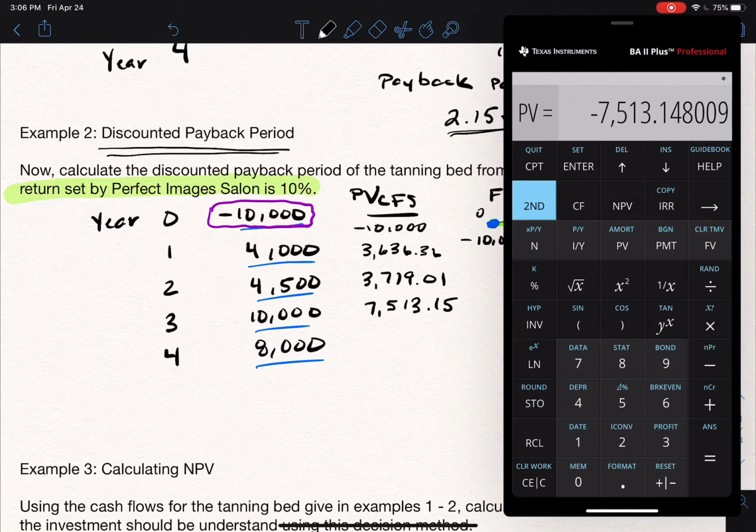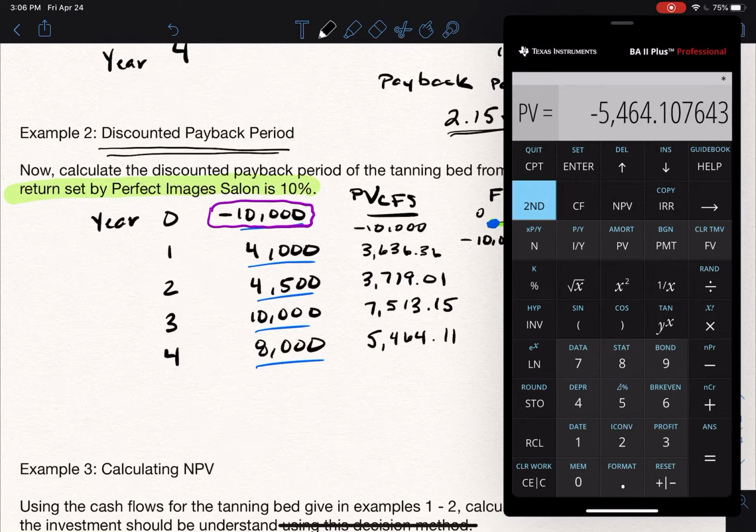All right, and then one more time, we're going to say 8,000, future value, 0, payment, 10, I/Y, and then year 4, so 4 is in, compute present value, and we get for that final year $5,464.11 if we go ahead and round.